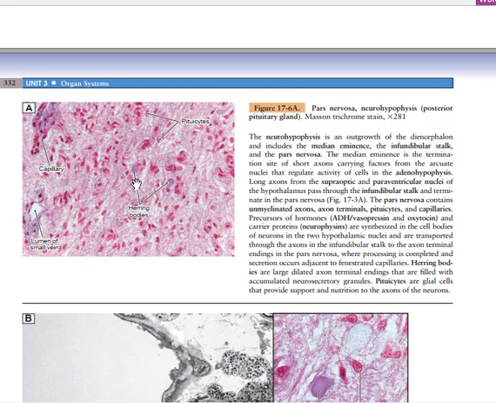Herring bodies are just the terminals of the axons of the paraventricular and supraoptic neurons. Is it clear? So the end terminals of these axons of the paraventricular and the supraoptic neurons are going to be called Herring bodies.